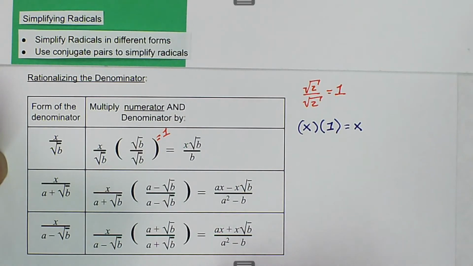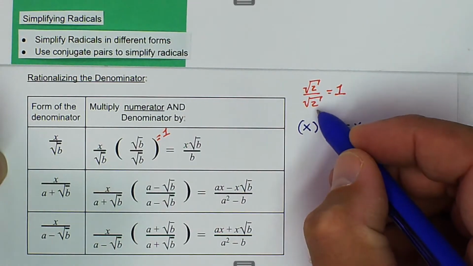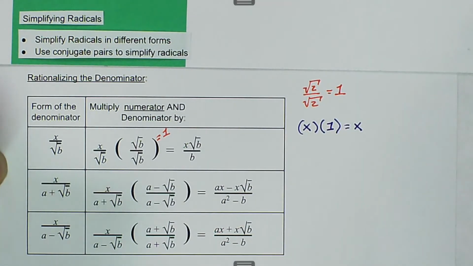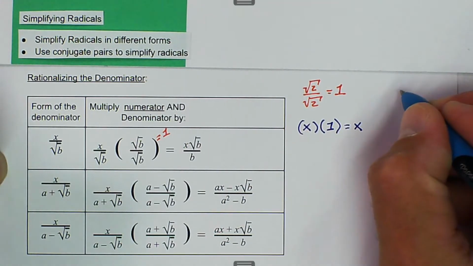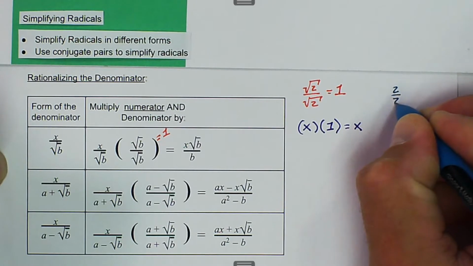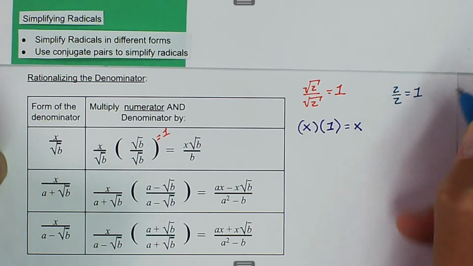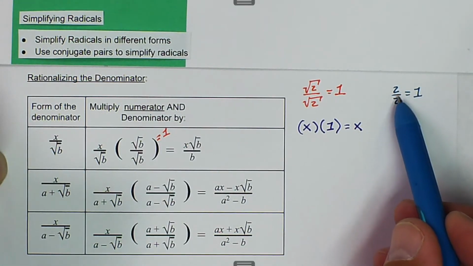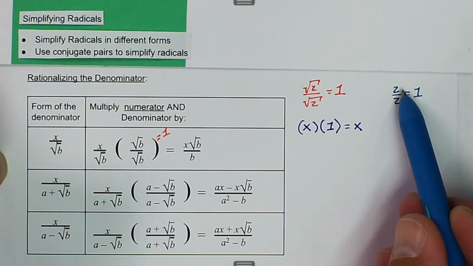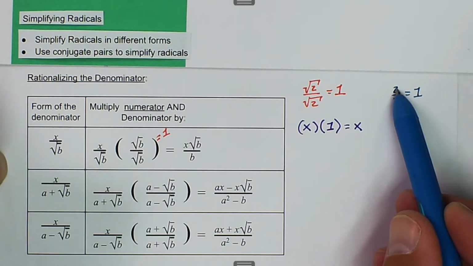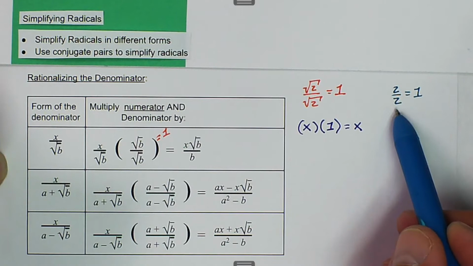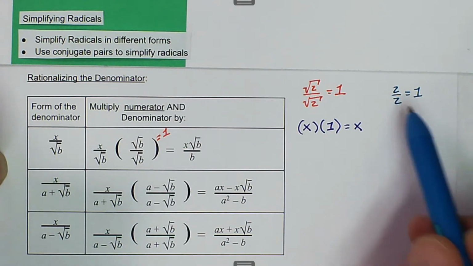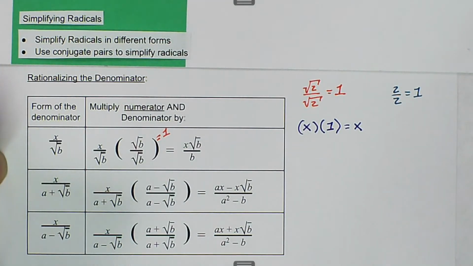One other example that we can think of, square root of 2 divided by square root of 2 is equal to 1, also 2 divided by 2 is equal to 1. So as long as we multiply something by the same numerator and the same denominator, it's not going to change the value because it's just still equal to 1. And that's the same thing with these bottom two examples.